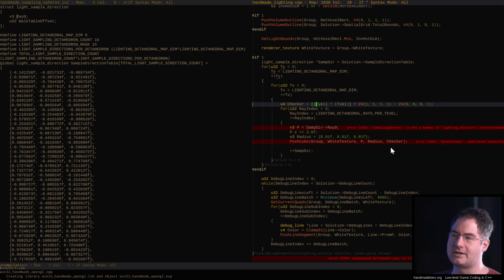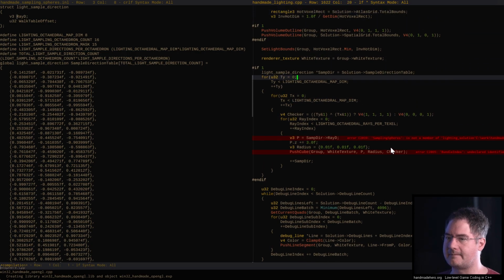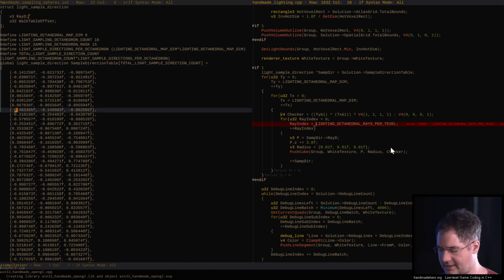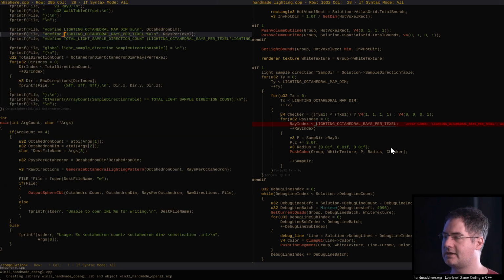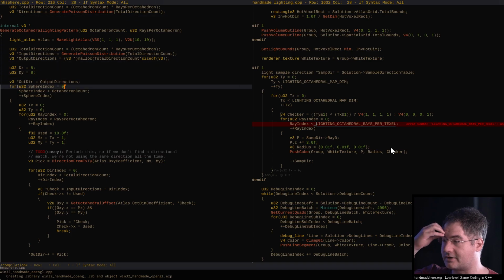You step one in the other one, and now they're equal again, right? So that should produce a checkerboard pattern, which is all we need to see, I think. So I think that produces a drawing of the actual thing that we want. So now we just need to run the actual program, have it print out the directions, and call it a day. Unfortunately, like I said, I don't know that this program is actually outputting in the correct order. I'm not sure.